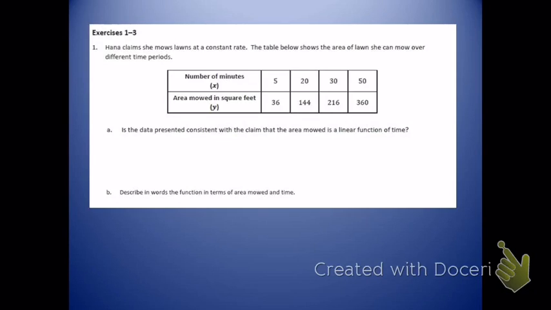So it shouldn't be terribly new to you. So pay attention to the vocabulary that's being used, because functions are such an important concept in mathematics that catching on to some vocabulary now will help you later. Okay, so go ahead and pause and work on those exercises.